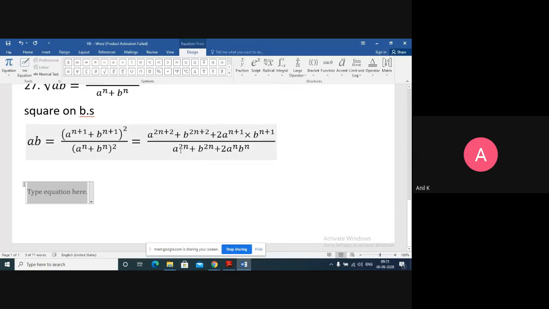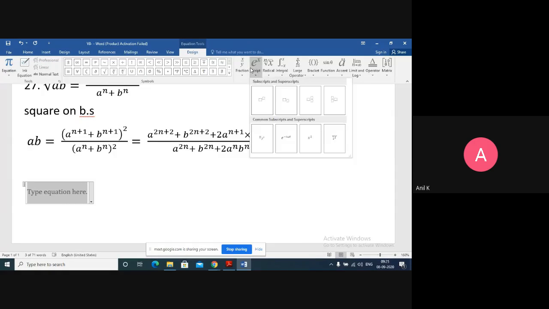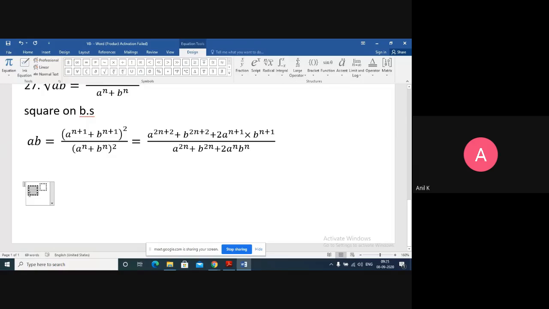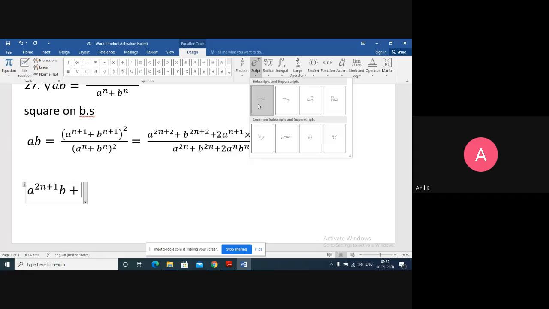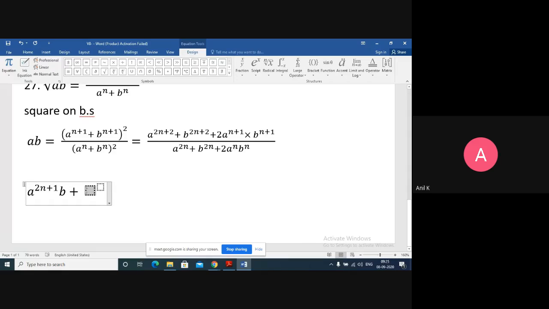AB into a to the power of 2n, so can I write this as a to the power of 2n plus 1 into b. Now b to the power of 2n multiplied with ab, so that will end with b to the power of 2n plus 1 into a.